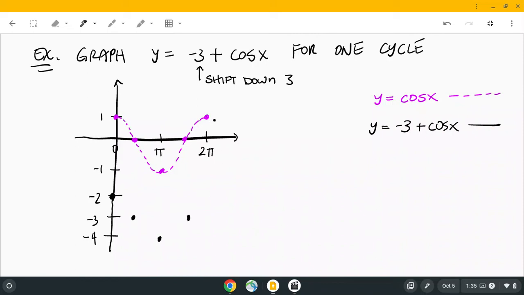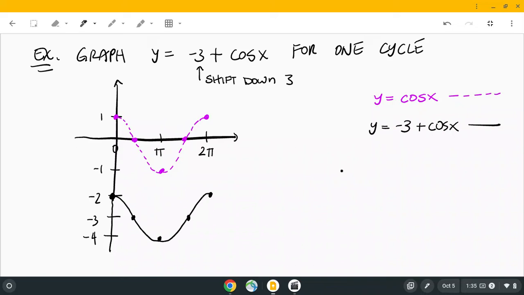And shifting this last point over here down 3, 1, 2, and 3. Okay, so we see we have the cosine graph. The whole graph got shifted down 3 units.